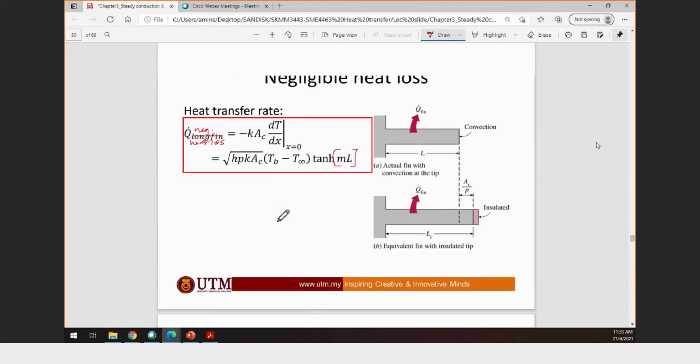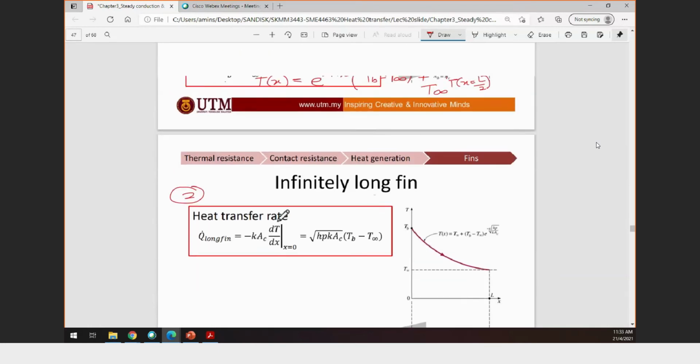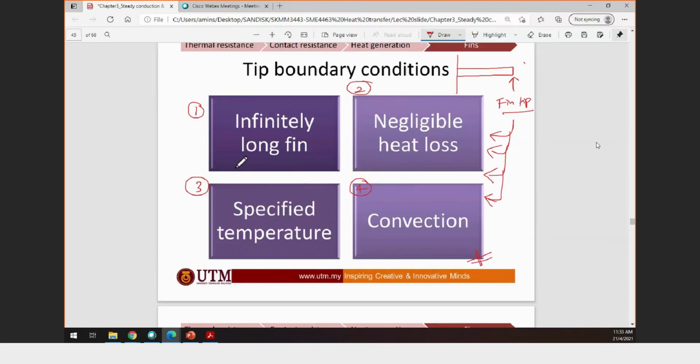How to use these equations depends on how you want to assume the condition at the fin tip. If you want to use a simple equation, then you may say it is an infinitely long fin, but in most cases, not all fins are considered long fins.